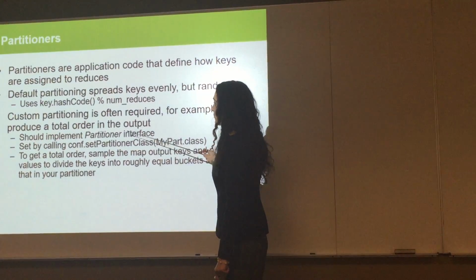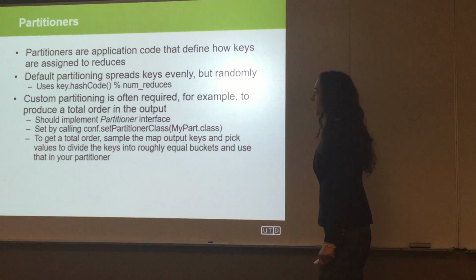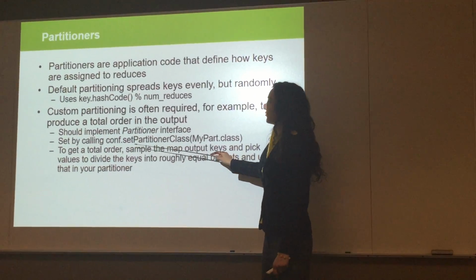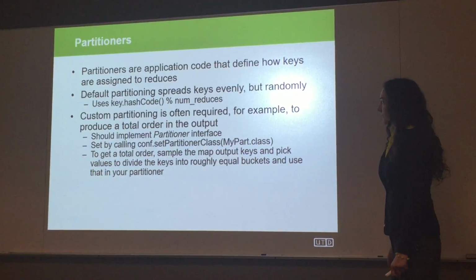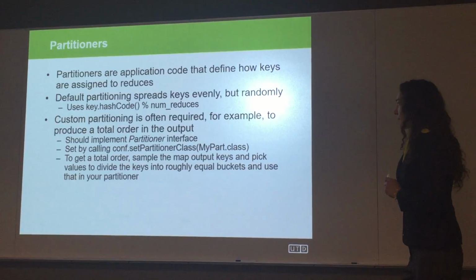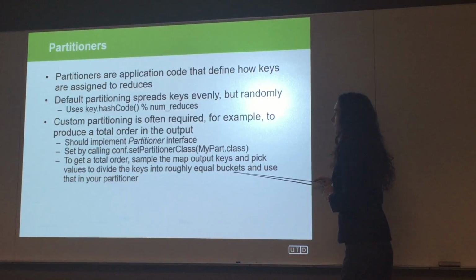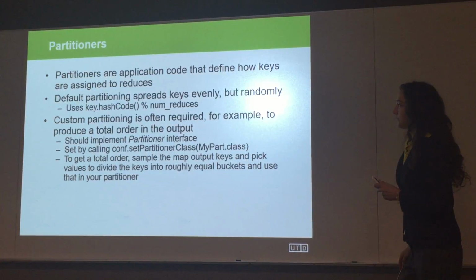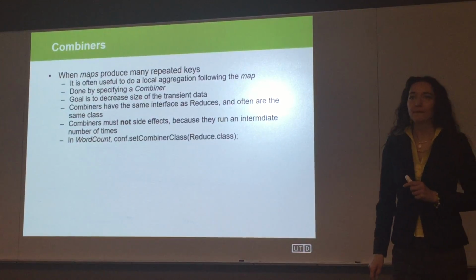There's an interface called the Partitioner interface, and it can be set in the configuration with set partitioner class. So if we want to divide the output into roughly equal buckets, then we can specify this in our partitioner.